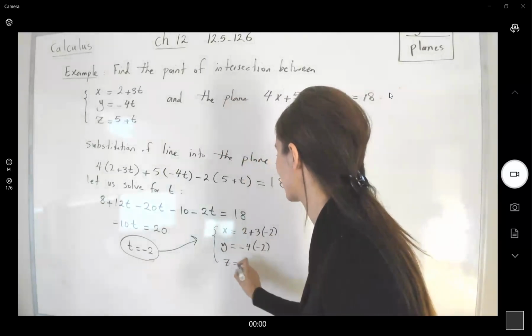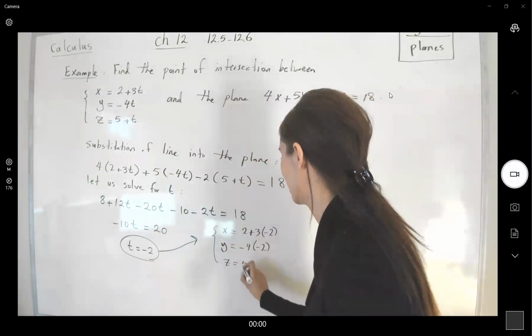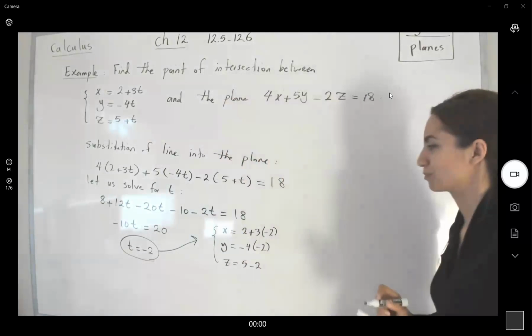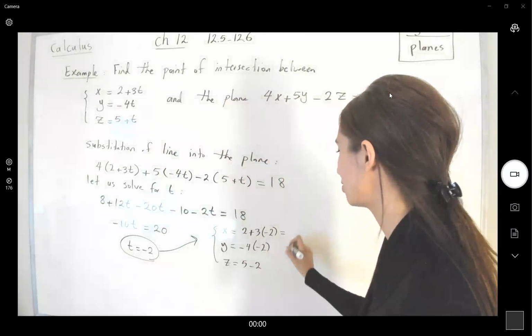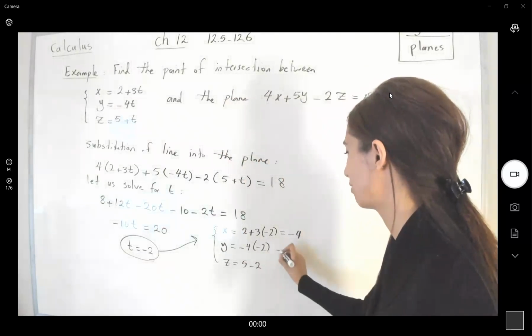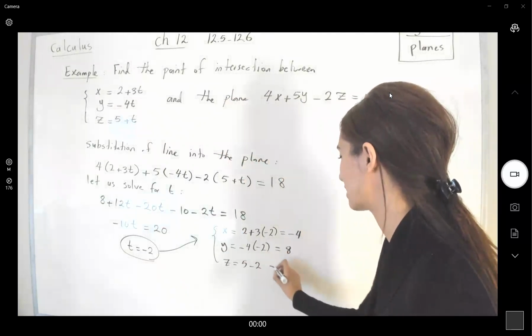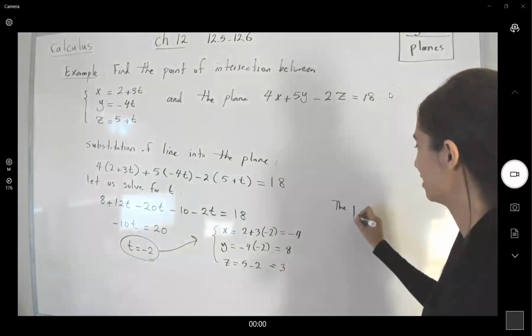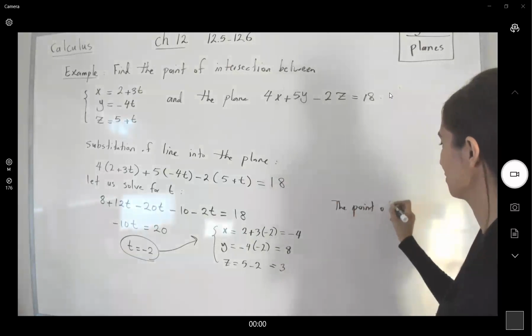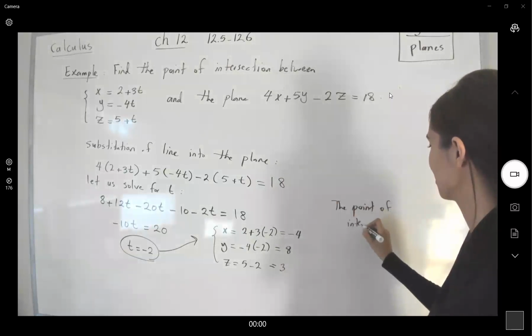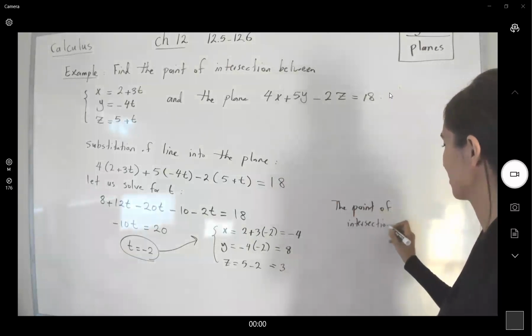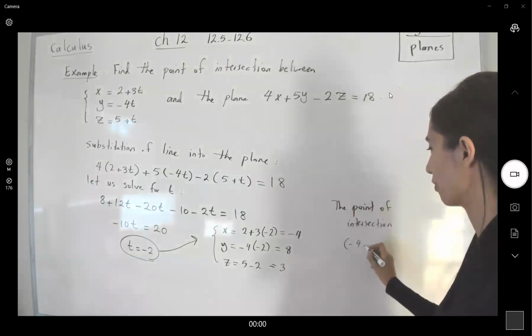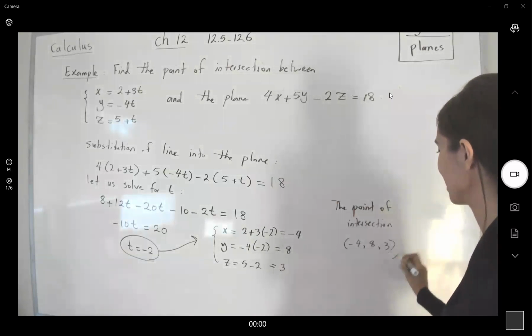And z is equal to 5 minus 2. So our x is equal to negative 4, y is equal to 8, and z is equal to 3. So the point of intersection has coordinates negative 4, 8, and 3.